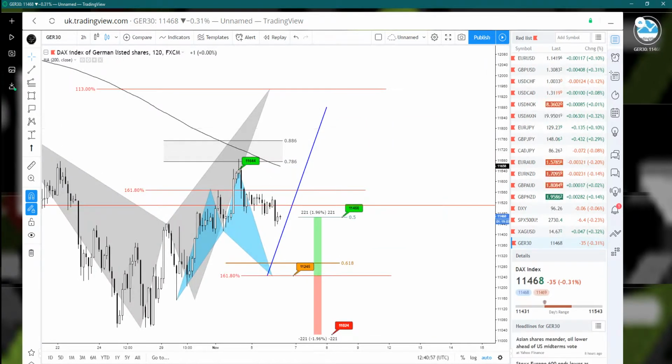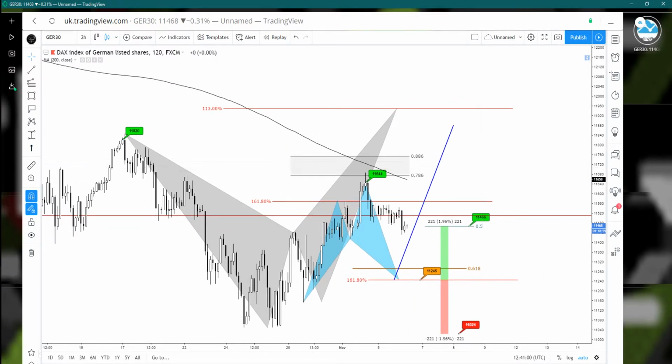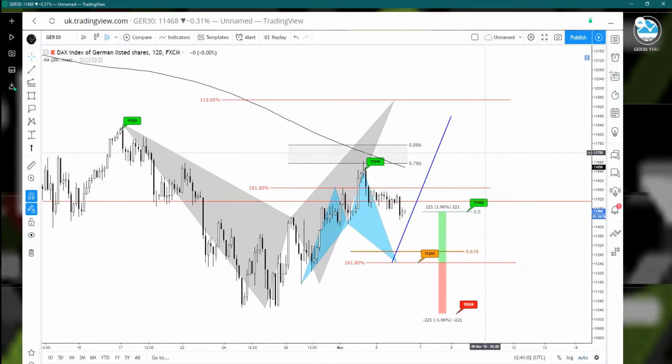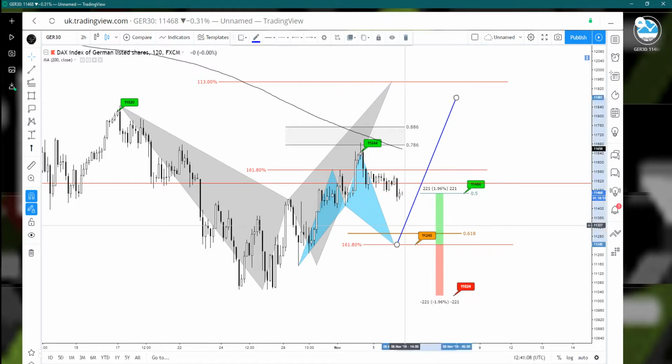And because I need to finish, let's finish with DAX, which is also filling some of the criteria to develop one eventual shark pattern at 1618 extension, which can then later offer us a new bullish momentum. And why?